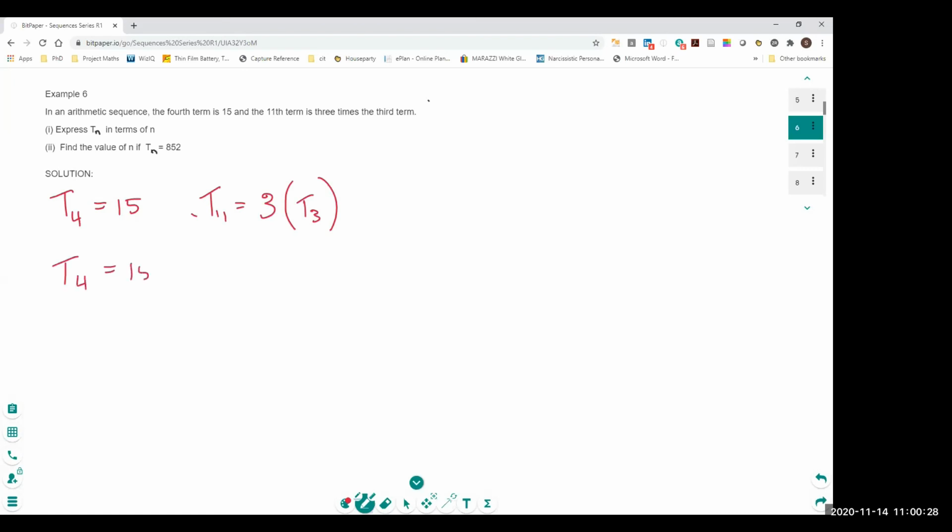We know it's equal to 15, but it can also be expressed using my general term. So what did we say? a plus (n minus 1)d. So that's going to give us a plus 3d is equal to 15. That's your first equation that you created.